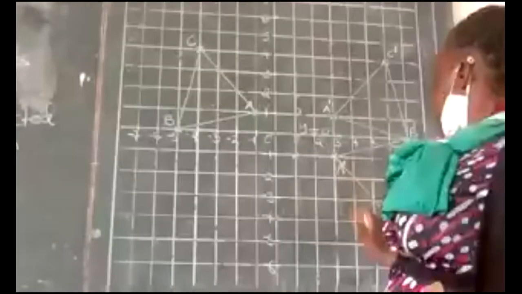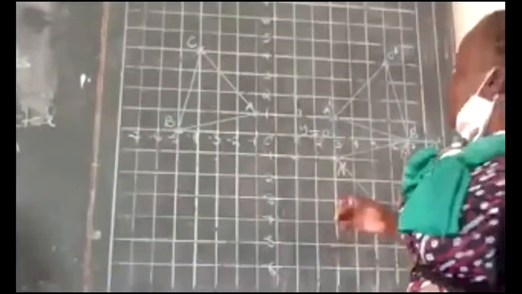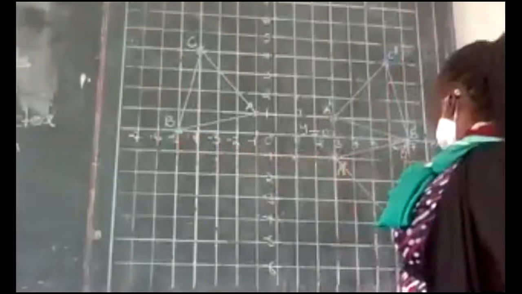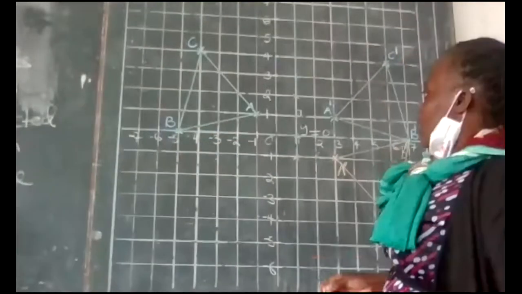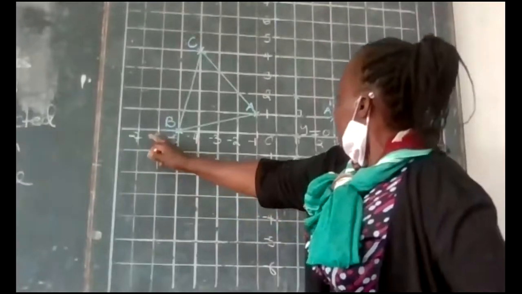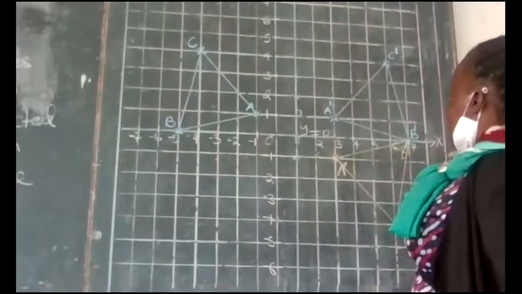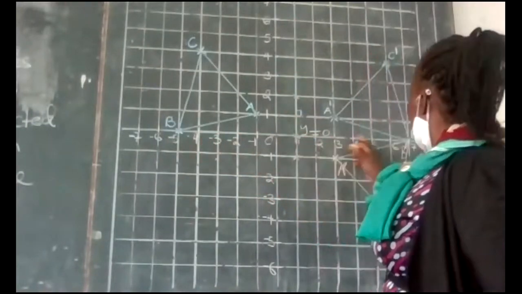Now, for someone who asked, why is it that the line y is equal to 0 is the same as the x-axis? You find that we have the vertical axis and we have the horizontal axis.